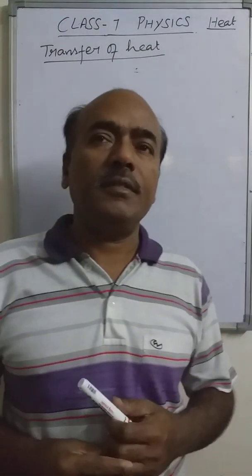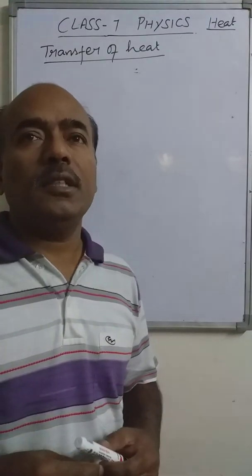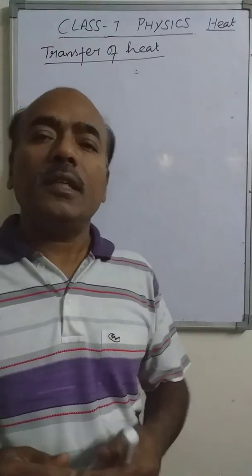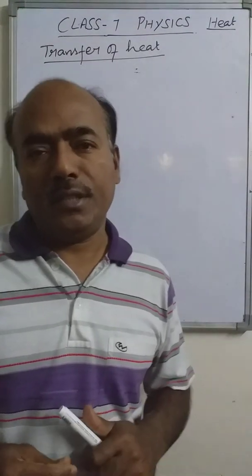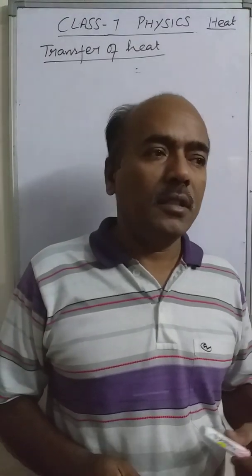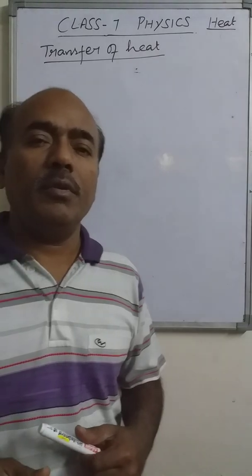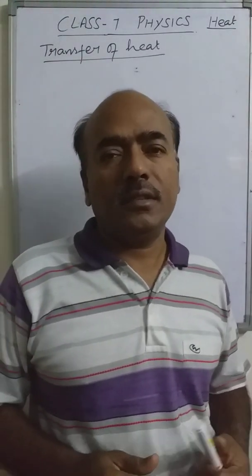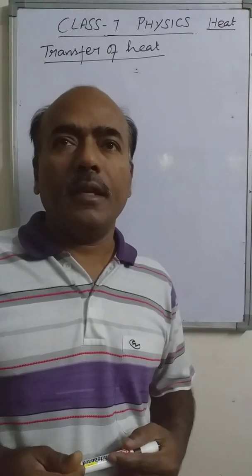In most of the activities we see that are related to temperature, we see the heat is transferred from one place to another place. For example, during this season, we find the temperature of the surroundings increases.